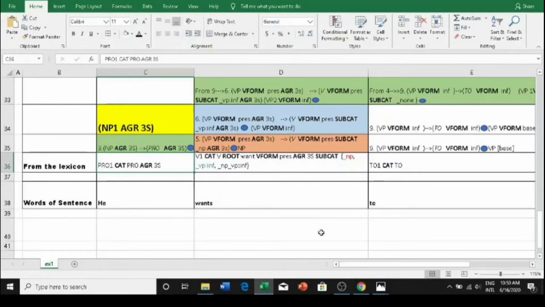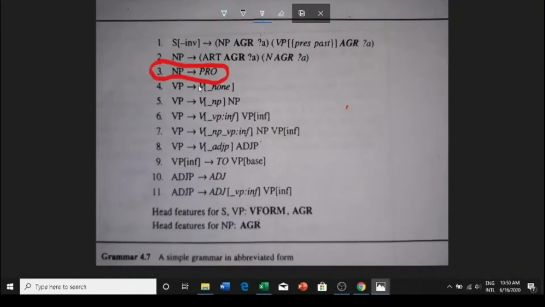So in the case of rule number 3, what all things are shared between NP and pronoun? Between NP and pronoun, AGR value is shared, right? Because NP is mother, pronoun is italicized or your head constituent, so they have a common AGR feature which is not shown here. Okay, so AGR will be present in NP as well as in pronoun.